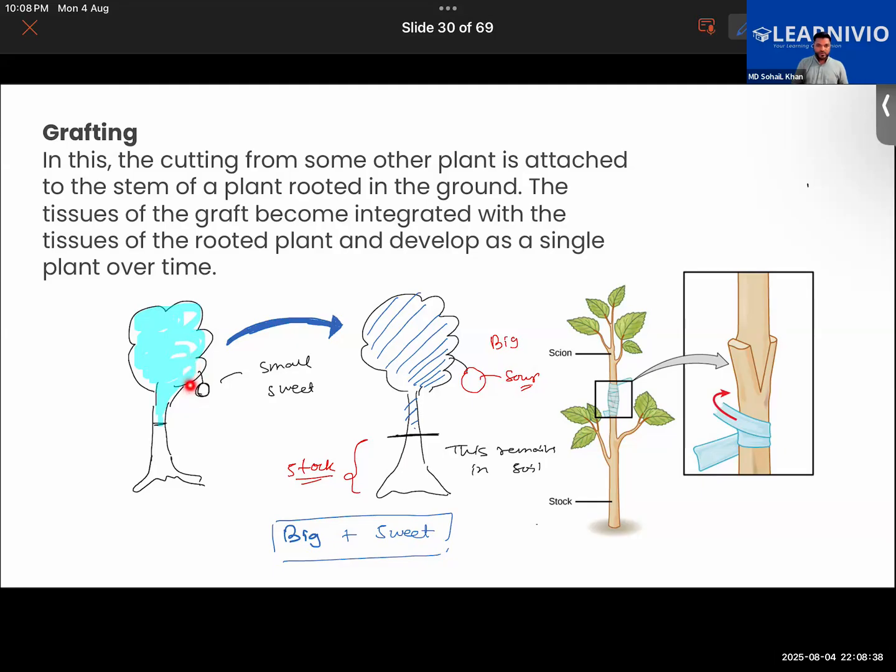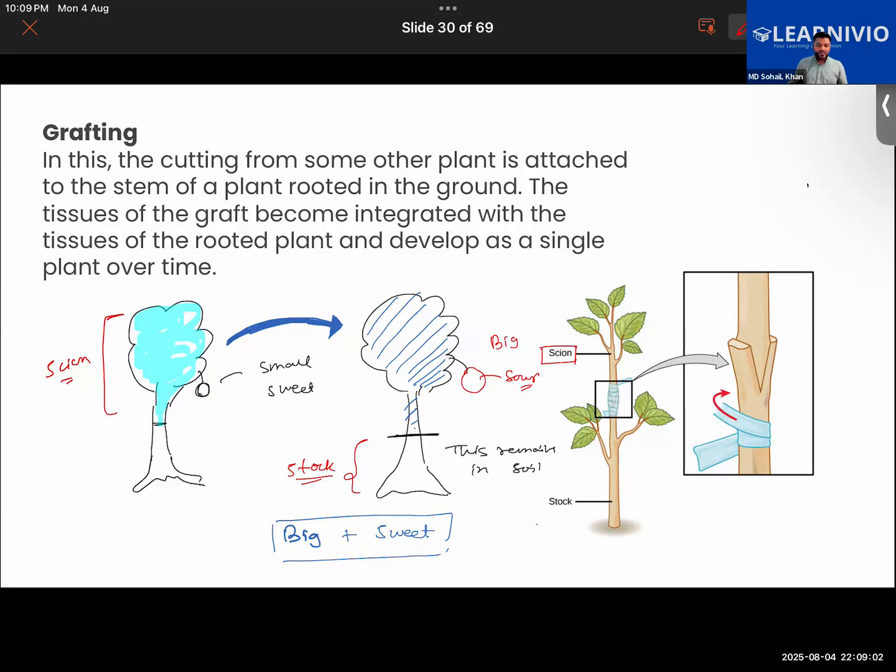Because the stem of this plant will now be attached to the stalk, this one will be called the scion. What do we call this? Scion, as mentioned over here. With the help of tapes, they will be tightly connected like this.